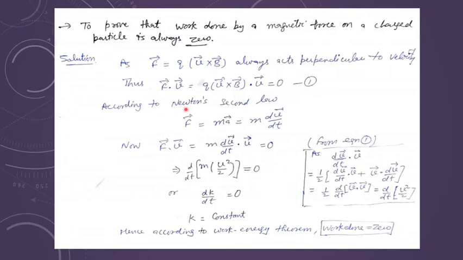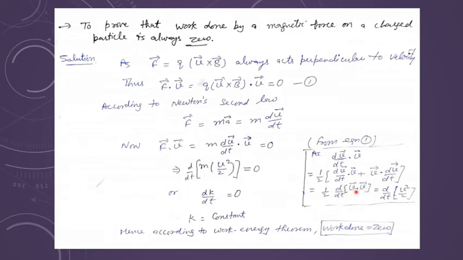But if you use Newton's second law, then force is given by ma, or m dV by dt. So F dot V is m dV by dt dot V. Now this dV by dt dot V, I can write as one half of d by dt of V dot V, since V dot dV by dt gives the same result.